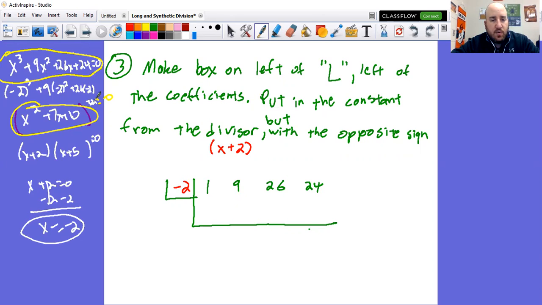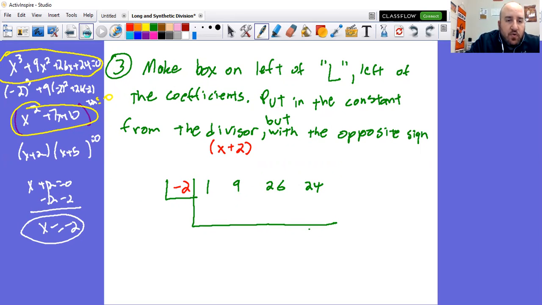So if you plug in negative 2, work out your math and get 0, that means that negative 2 is a zero, is a root, because I plugged it into my function and got 0 as the answer. So that's how the negative 2 ties into that.